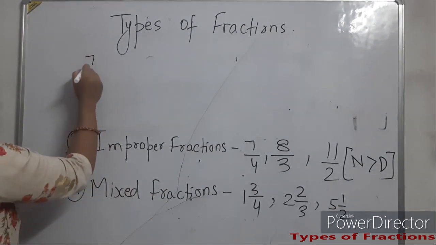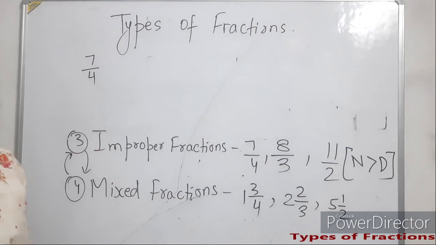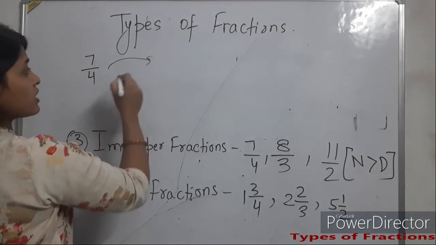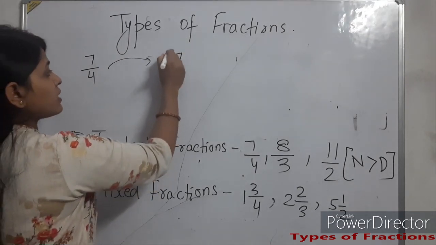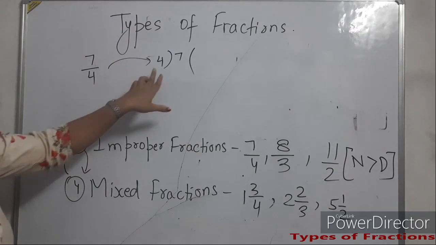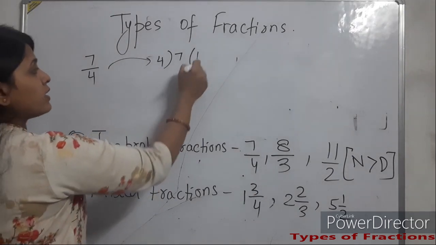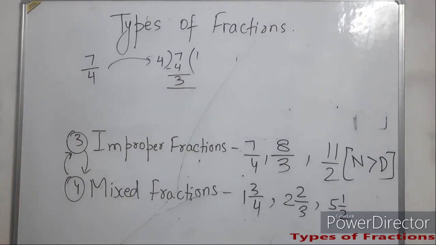Now let's see how we convert improper into mixed. Like I have the number 7 by 4. This is an improper fraction and now we have to convert it into a mixed fraction. So we just divide the digit 7 by digit 4. 4 into 1 is 4, we get the remainder 3.